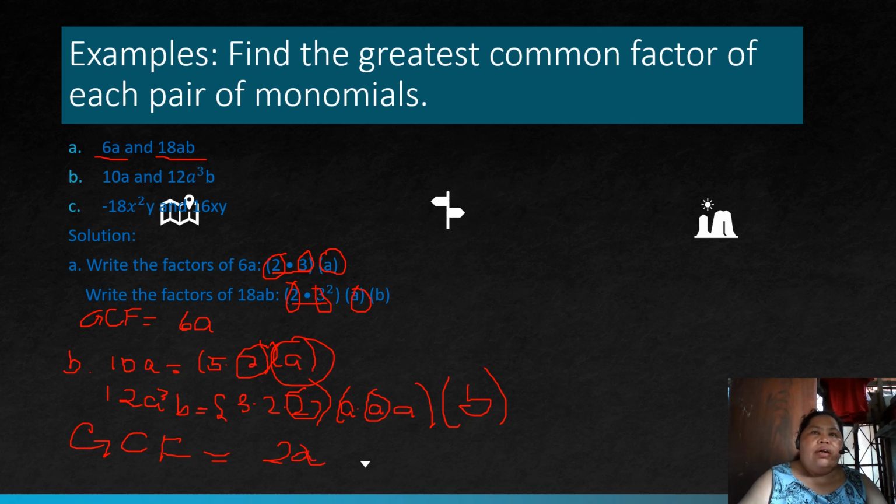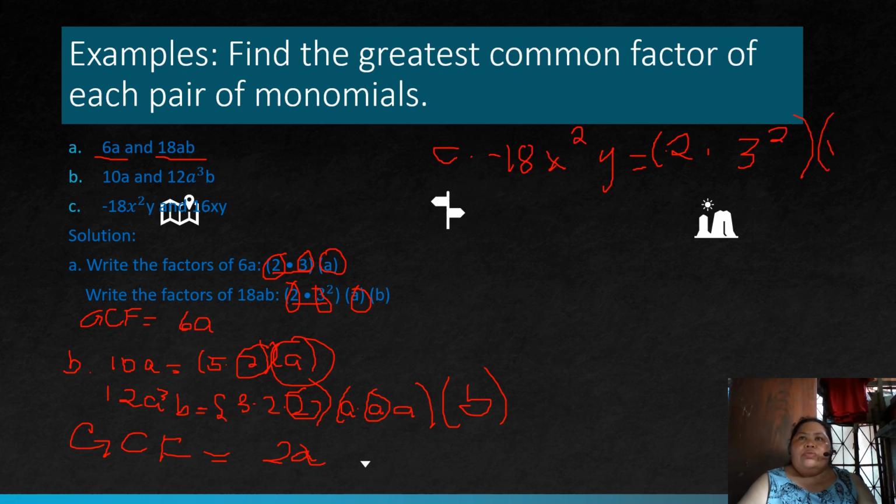Very easy, right? Now, what about letter C? For letter C, we have negative 18x squared y. The factors of 18 are 2 times 9, or we can just write 2 and 3 squared.